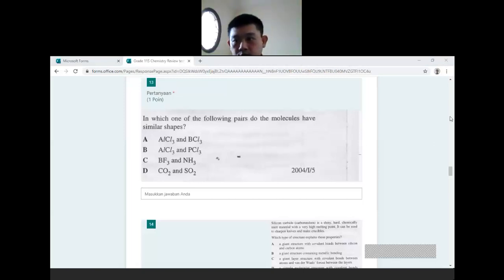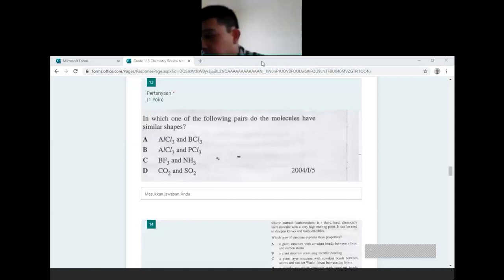Next, AlCl3 and PCl3. AlCl3 has 3 bond pairs and 0 lone pairs. PCl3 has 3 bond pairs and 1 lone pair. So AlCl3 has a bond angle of 120, while PCl3 has a bond angle of 107 degrees.